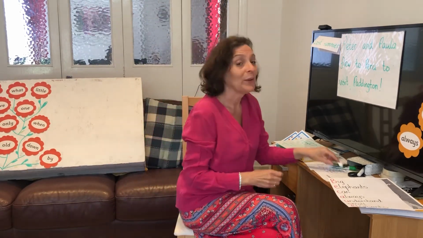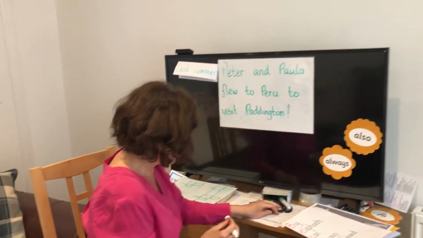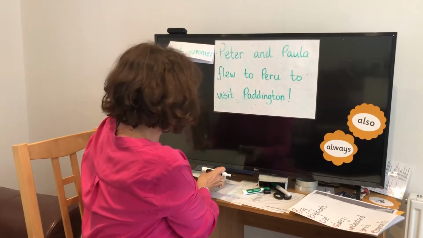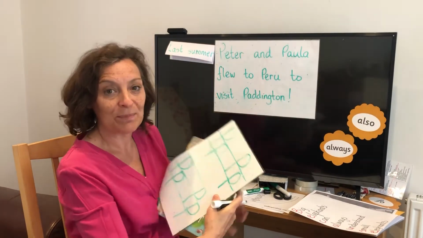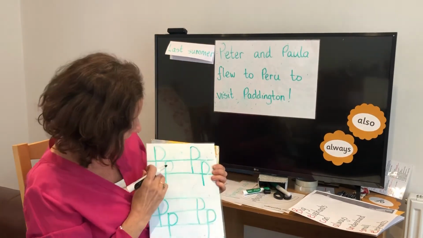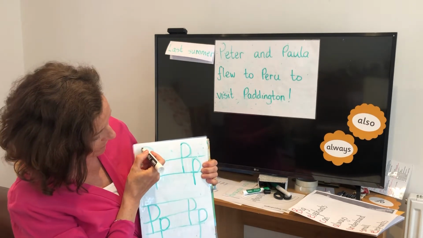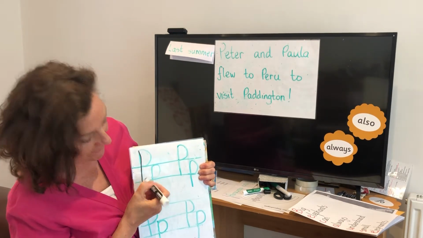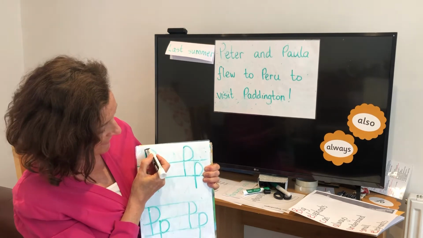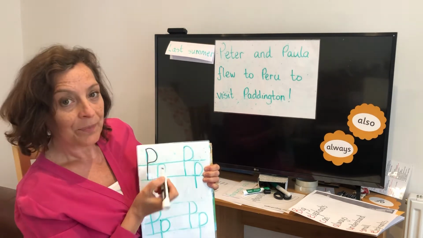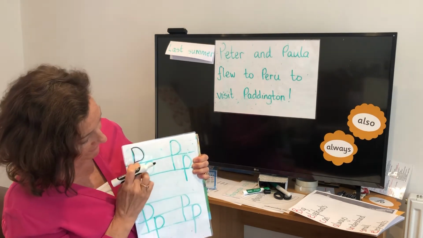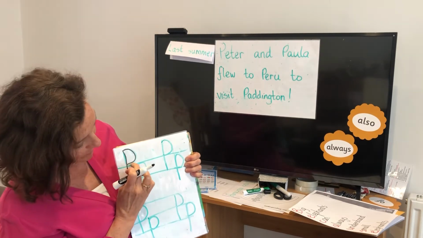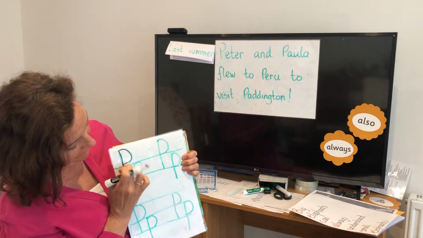Good. Now, capital P is quite easy. It looks exactly the same as little p, but it's just in a different position. So it's a tall letter, and we go top to bottom, right through the line, lift our pen, and then we go around. And little p looks the same, but it starts halfway down, just at the bottom of the circular bit.